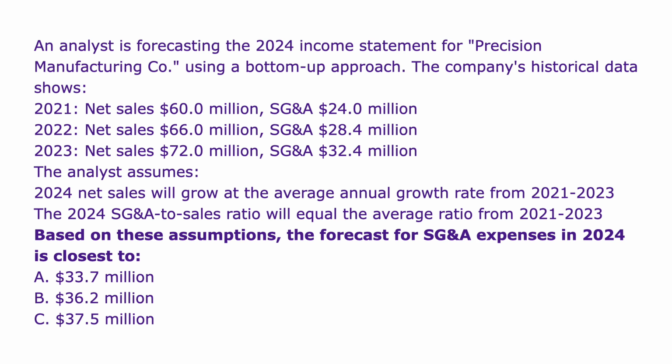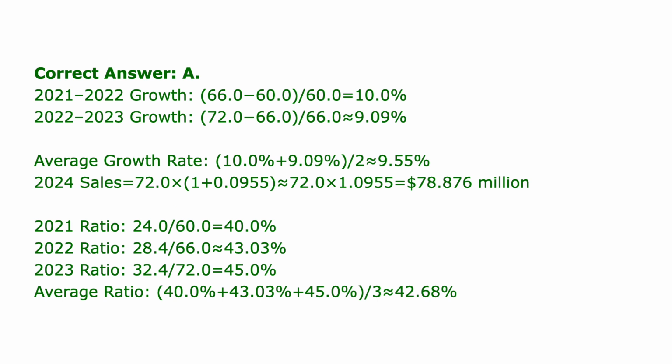Based on these assumptions, the forecast for SG&A expenses in 2024 is closest to A. $33.7 million, B. $36.2 million, C. $37.5 million. Correct answer, A. The average sales growth rate from 2021 to 2023 is approximately 9.55%.